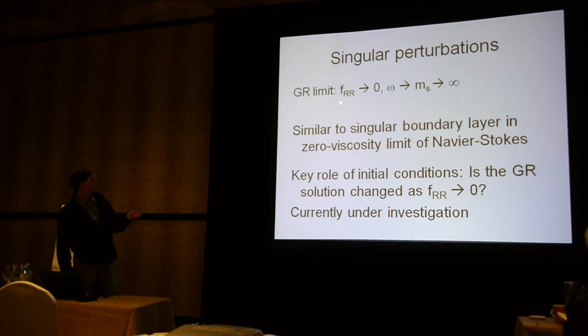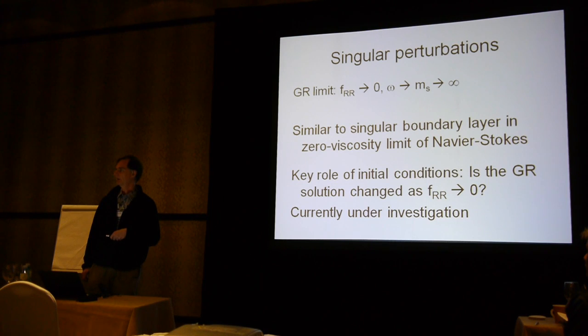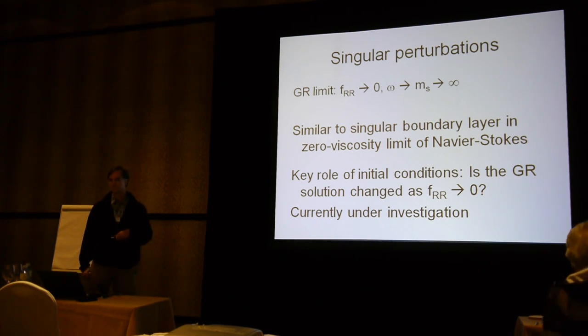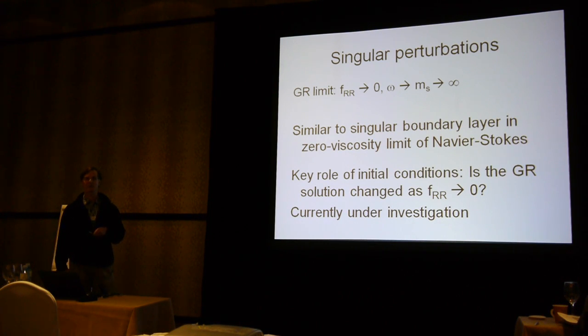So what I've just said is that in the GR limit, if you take the continuous transformation of f of R to GR, you end up with this peculiar situation of having infinitely fast oscillations of extra degrees of freedom, which don't show up in general relativity. Infinite mass particles, which are not present in GR.